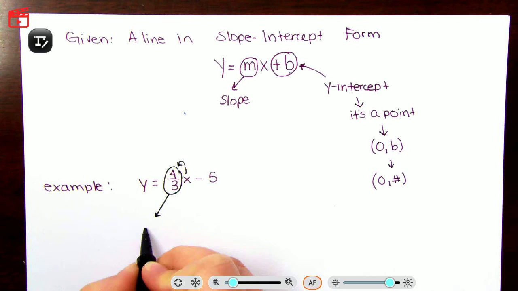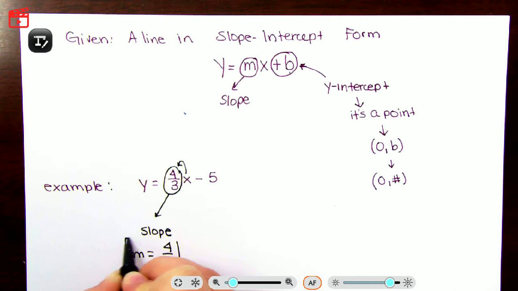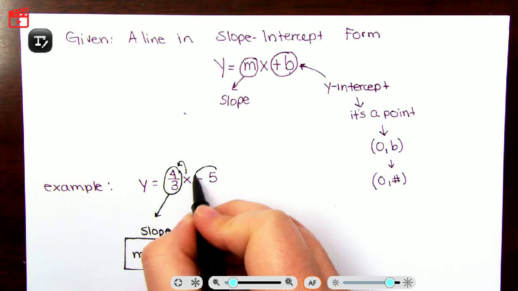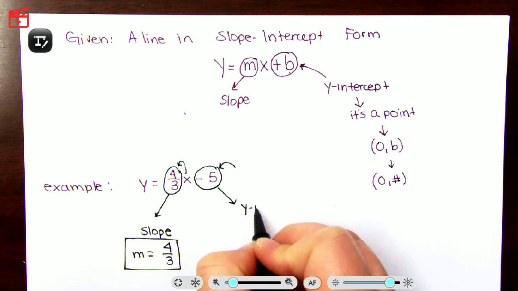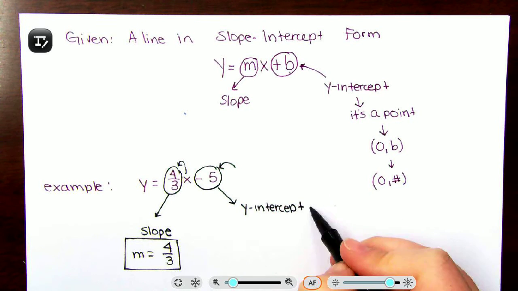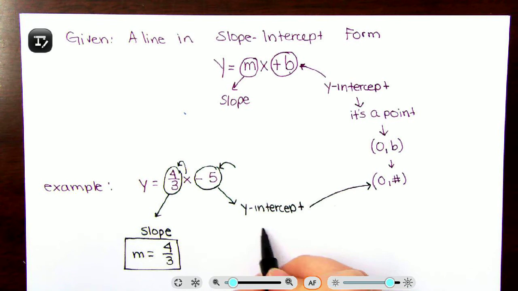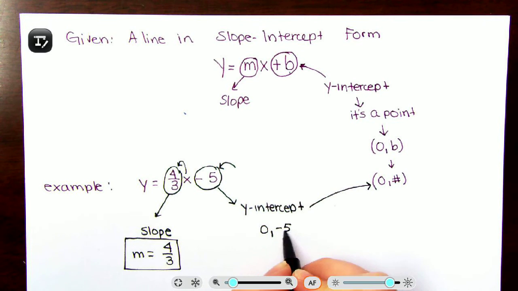That is going to be your slope. So m is equal to 4/3. And then if it's asking for your y-intercept, this is going to be your y-intercept. And recall, this is how we write a y-intercept. So we need to write 0, comma, number, and this is the number that we write. So 0, comma, -5 is our y-intercept.